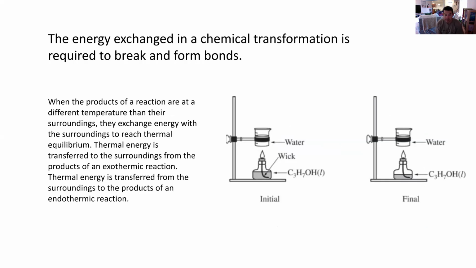When the products of a reaction are at a different temperature than their surroundings, they exchange energy with the surroundings to reach thermal equilibrium. Thermal energy is transferred to the surroundings from the products of an exothermic reaction. Thermal energy is transferred from the surroundings to the products of an endothermic reaction. All right, this is important. When we do chemical reactions that release energy, typically combustion, that heat is going to go somewhere.